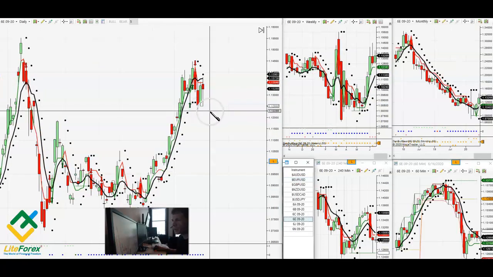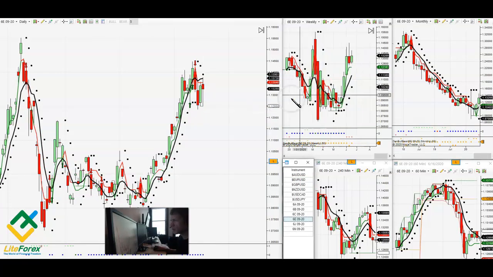Euro futures. Okay, so Euro futures, it's a similar scenario, but as you can see right now, we got a long lower wick on the Euro futures, which does lean more towards a break to the upside. So you can see that support hit at 12.5.